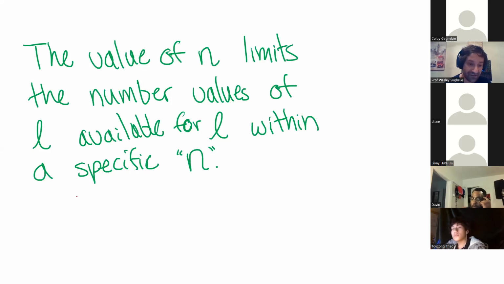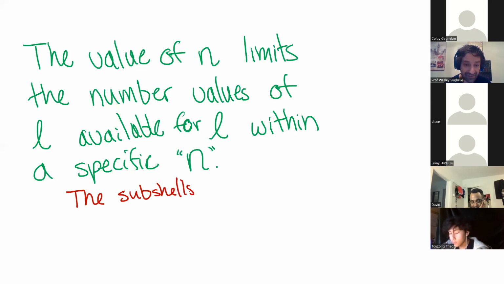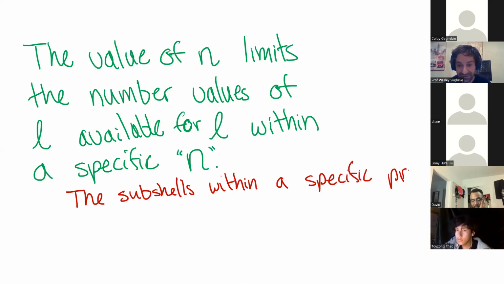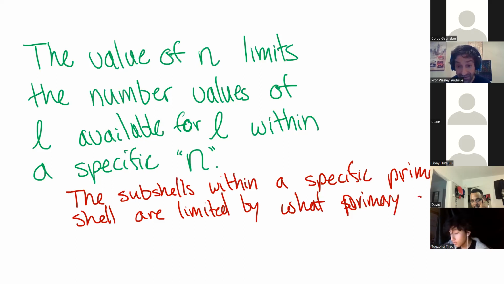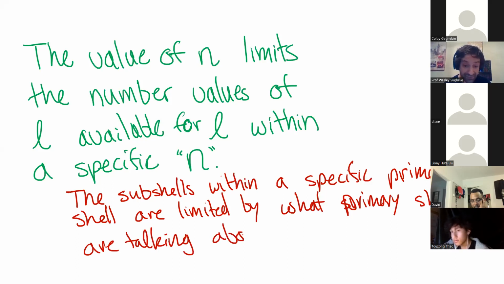Another way of saying that is the subshells within a specific primary shell are limited by what primary shell you are talking about.